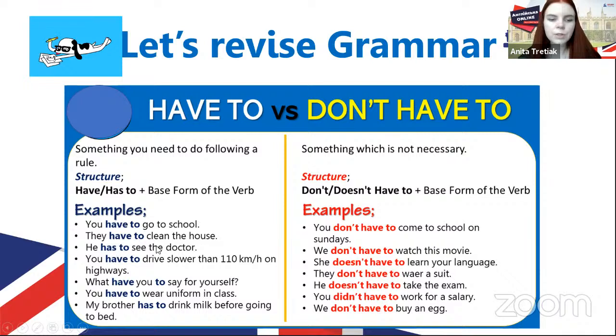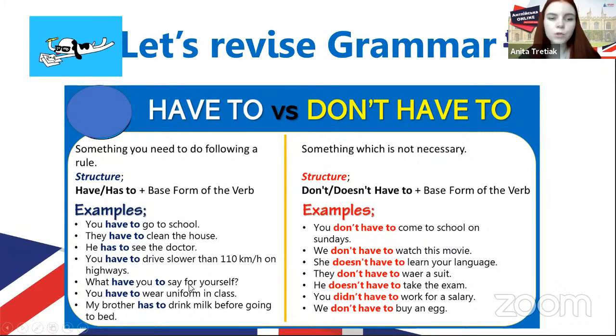He has to see the doctor. As we have the word he, it means that we need to use has to. He has to see the doctor. Yeah, that's obvious, because he, she, it, as you remember, and singular, we use it with has to. Then, you have to drive slower than 110 kilometers per hour on highways.